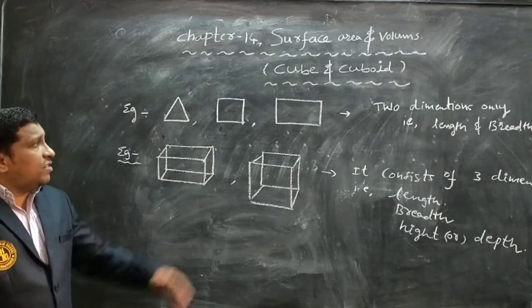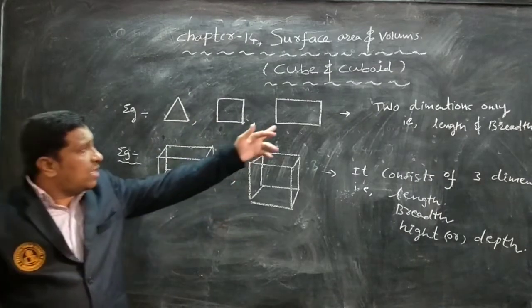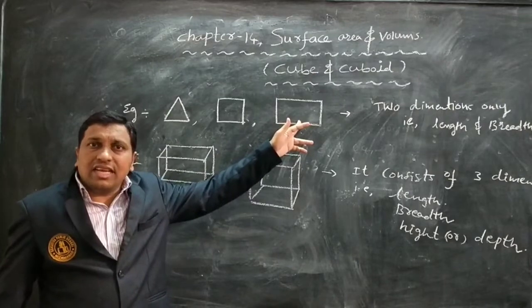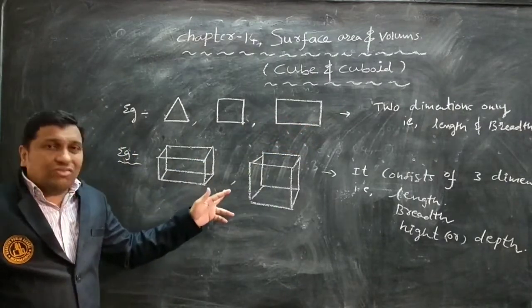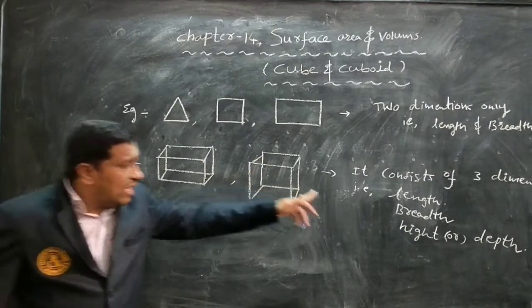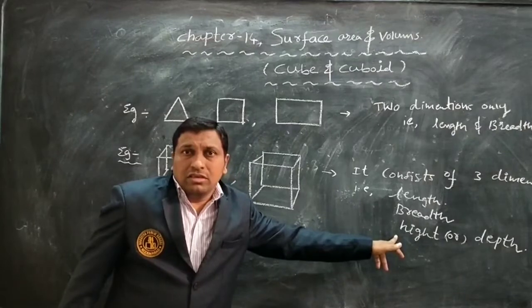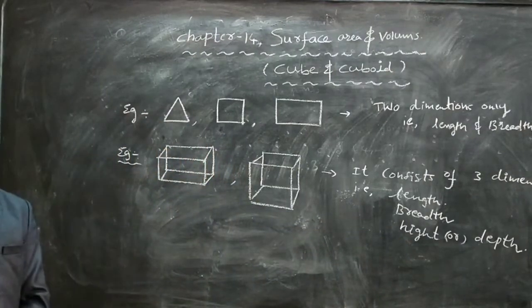What is the difference between two-dimensional and three-dimensional? Here there are only two dimensions, length and breadth. Here there are three dimensions, length, breadth, including height or depth. Such figures are called three-dimensional figures.